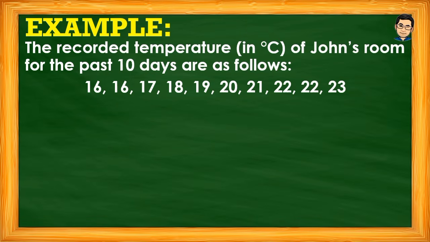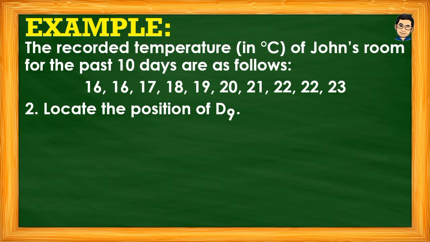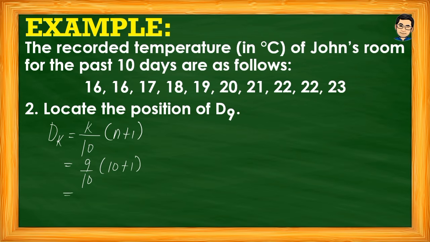Next, locate the position of D sub 9. Okay, so D sub 9 naman tayo. So, D sub k is equal to k over 10 times the quantity of n plus 1. So, k, that is 9 over 10 times n plus 1. So, 9 over 10 times 10 plus 1, 11.